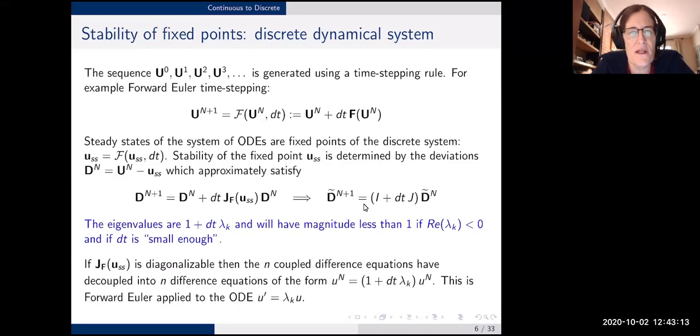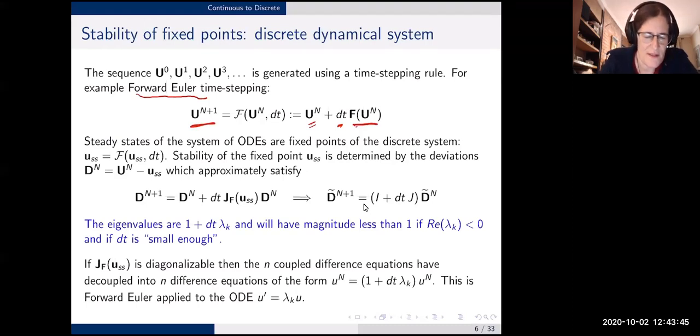But you have a discrete dynamical system which generates the new value again and again and again. For example, forward Euler time stepping, the one that shows up in calculus books: you take the current value, evaluate the vector field at the current value, multiply by your time step size, and that's how you build the new one.